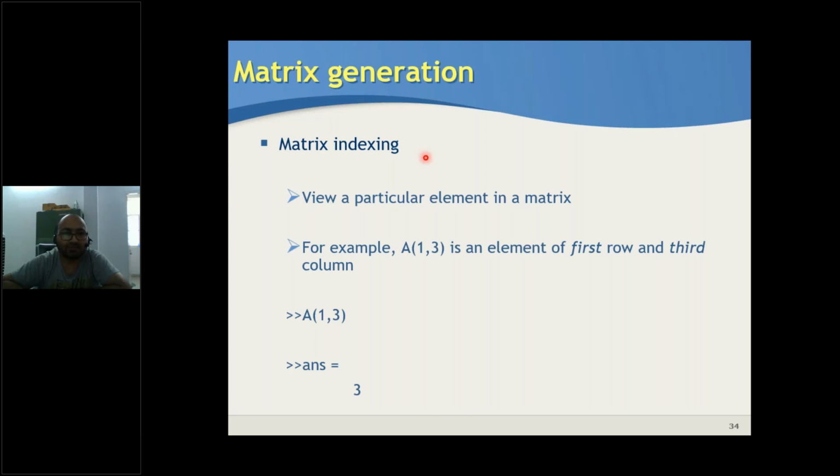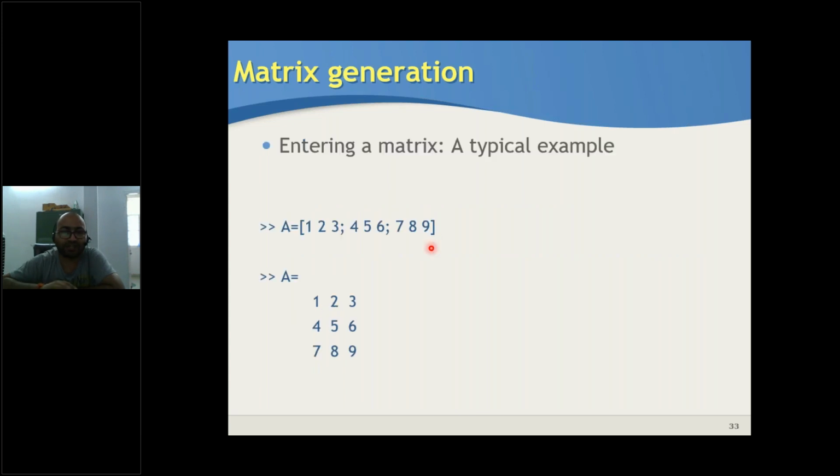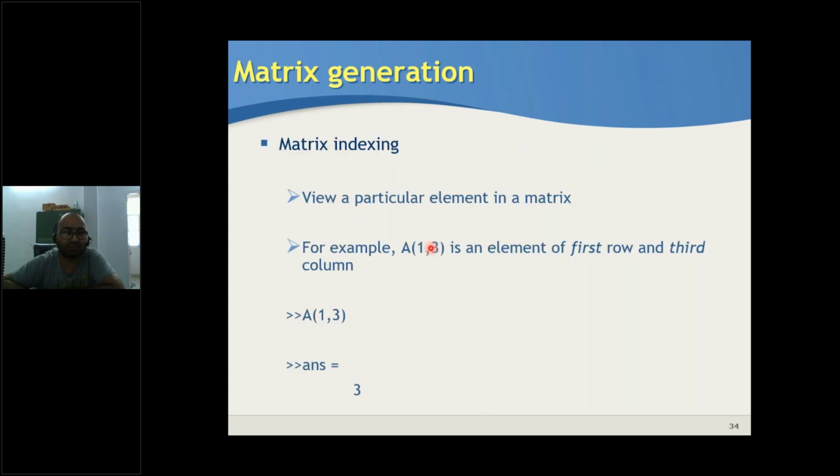Now matrix indexing. View a particular element in a matrix. To view a particular element, we can use this command. Suppose we have already defined this A matrix and we want to get the information of a particular element, then we have to type A(1,3). If you type A(1,3), then you will get the value of matrix A at the place of first row, third column.